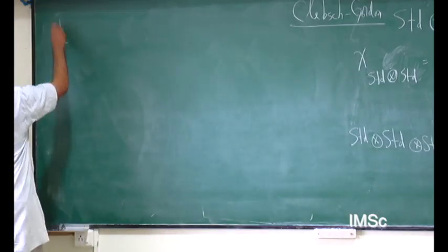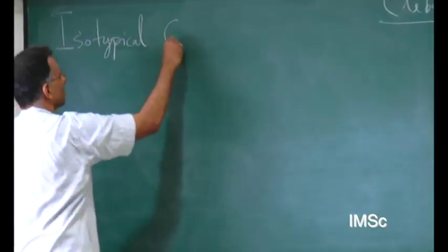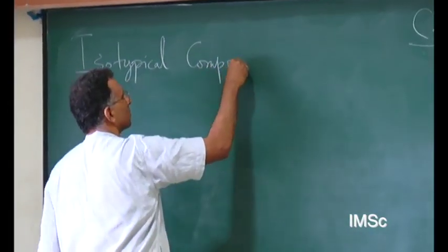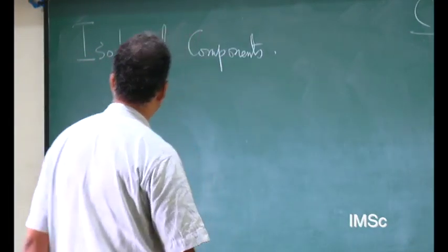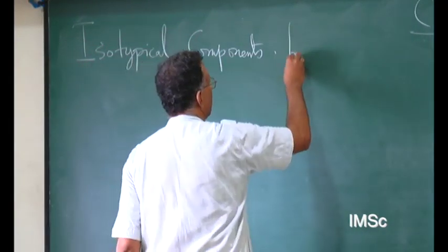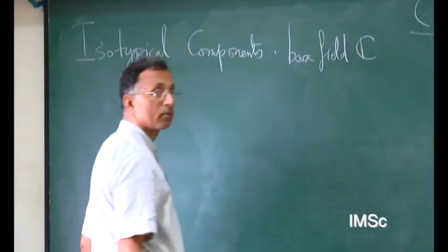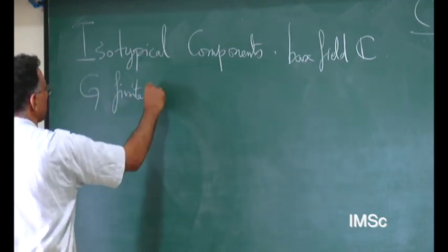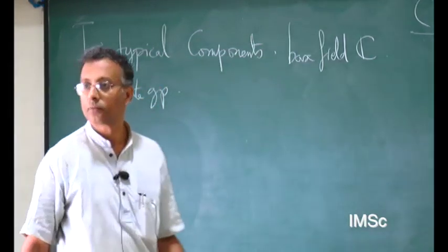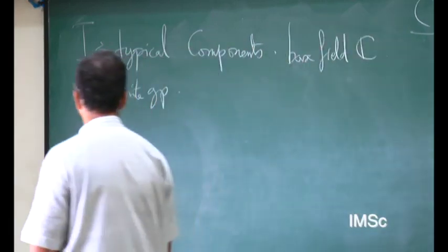So, isotypical components. As always, the base field is C for us, and G is a finite group. What do we mean by isotypical components?